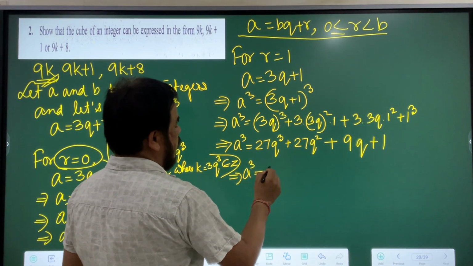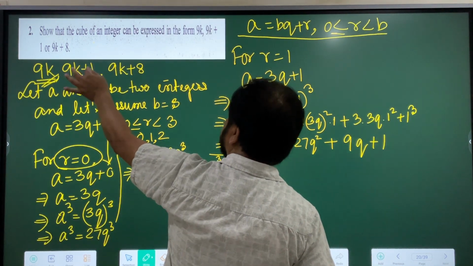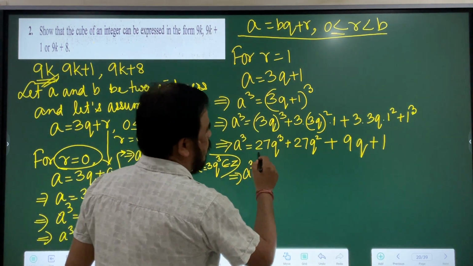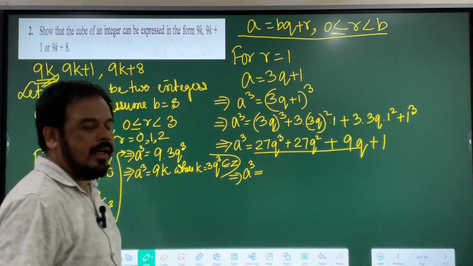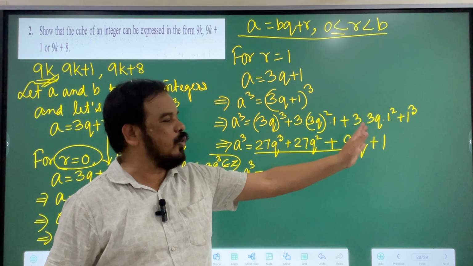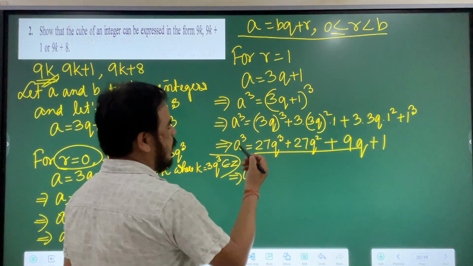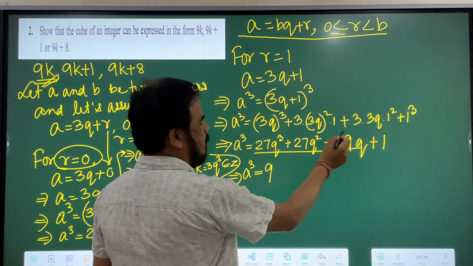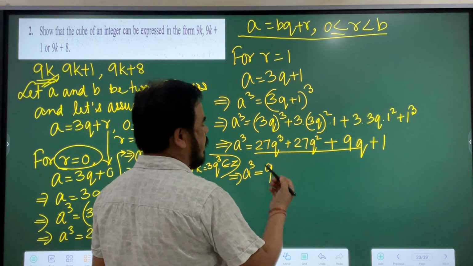What is our aim? 9k plus 1. So from here we will try to get 9 common. Plus 1 we already have with us. So surely we will get 9 common here. 27, 27, 9, all are divisible by 9, so 9 can be taken common.